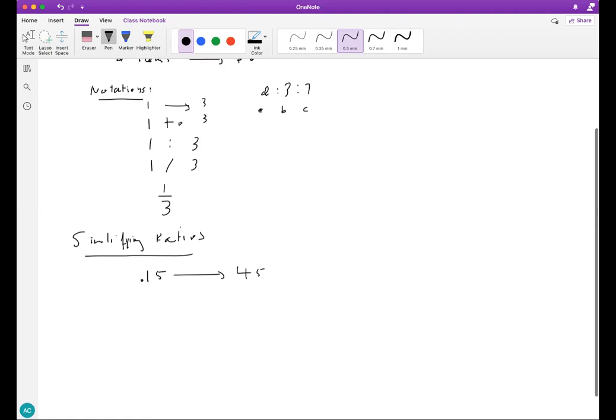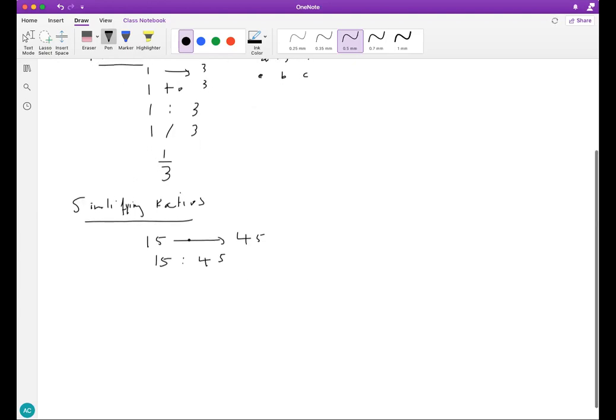So this is a ratio of 15 to 45. This ratio is good, but it does not make sense, especially if you have large numbers. We're going to see if we can simplify it into some simpler numbers that make more sense.